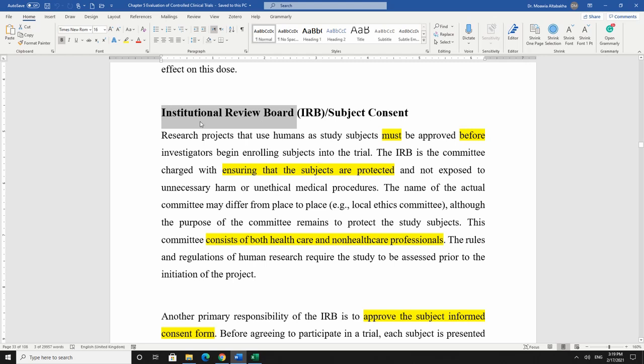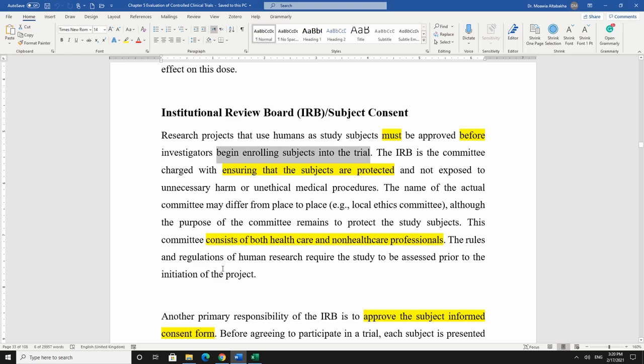So this committee must approve the study before investigators begin enrolling subjects into the trial. Their main job, okay, is to ensure that the subjects are protected, the people that you are recruiting will be protected, and they are not exposed to unnecessary harm.